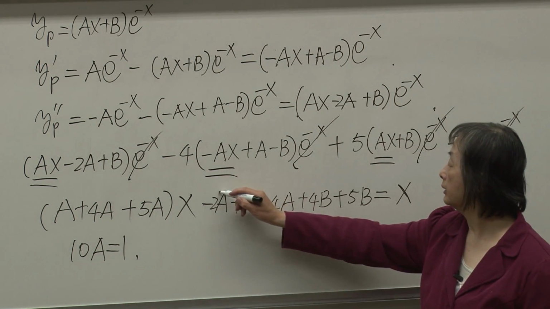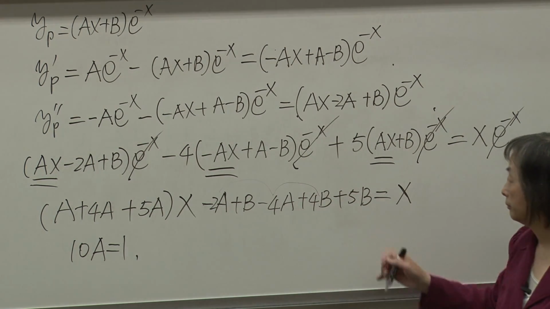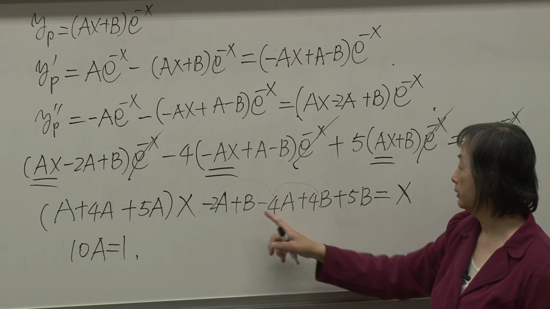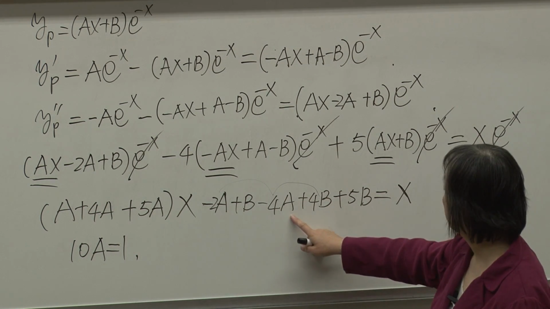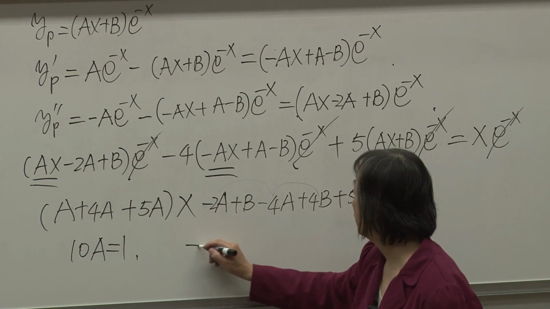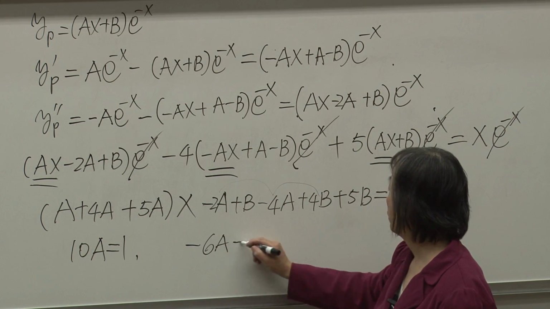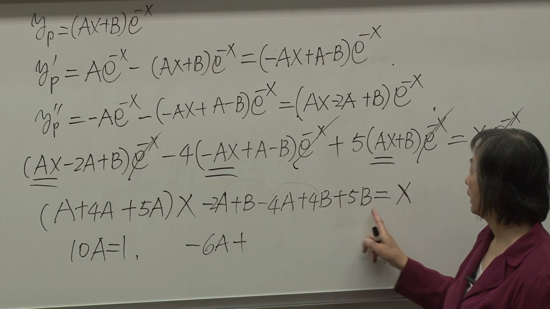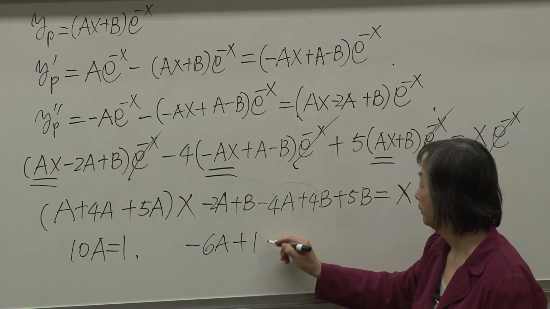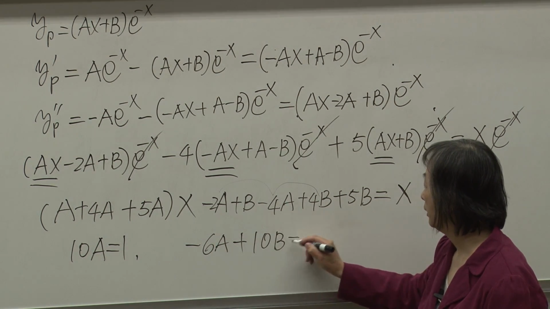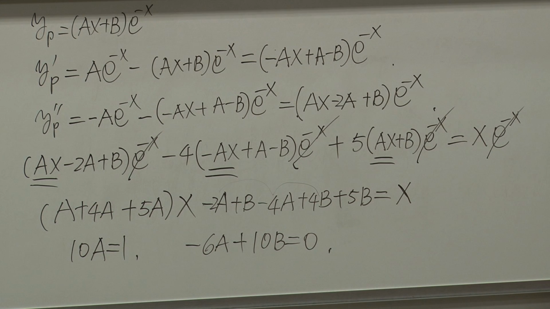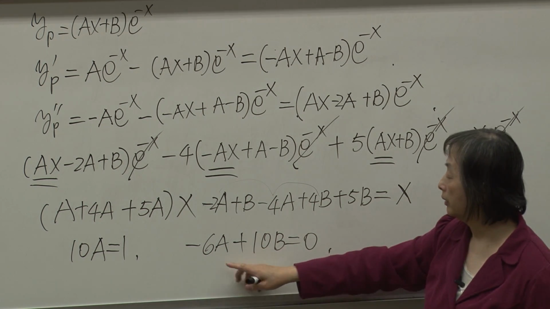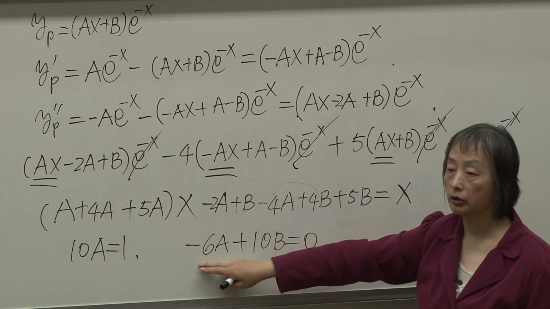That means 10a equal to 1. Now, if we simplify the constant term, we get negative 6a plus 10b equal to 0. So 10b equal to 6a, but we have a common factor 2.